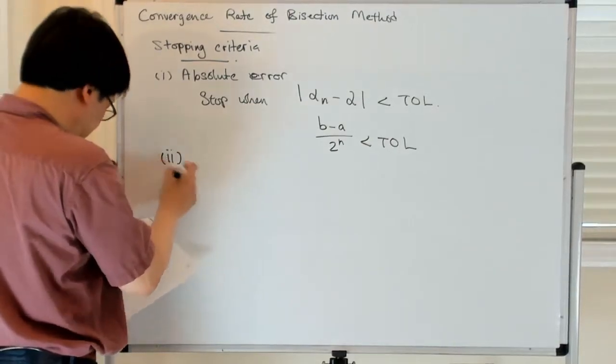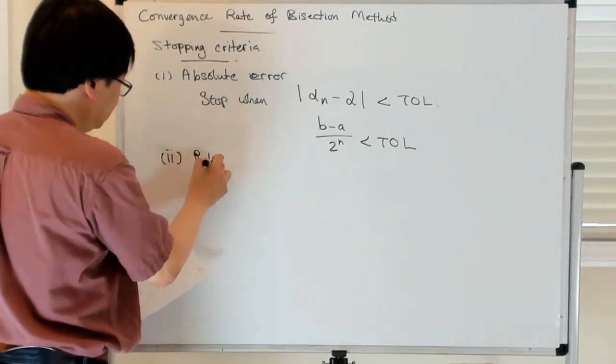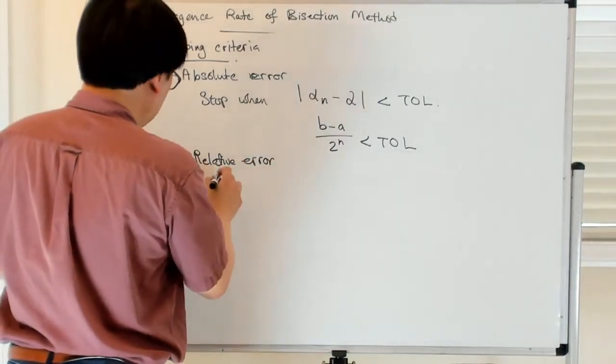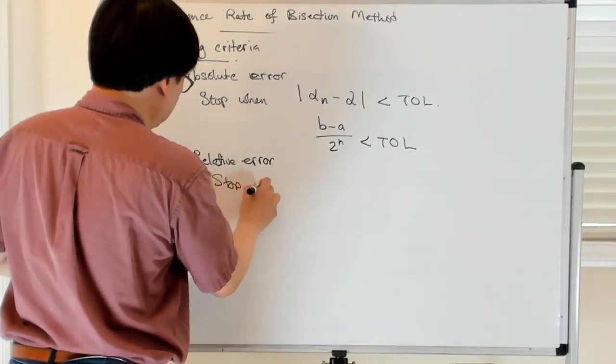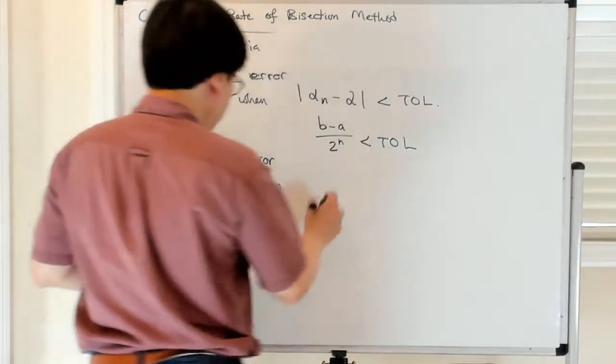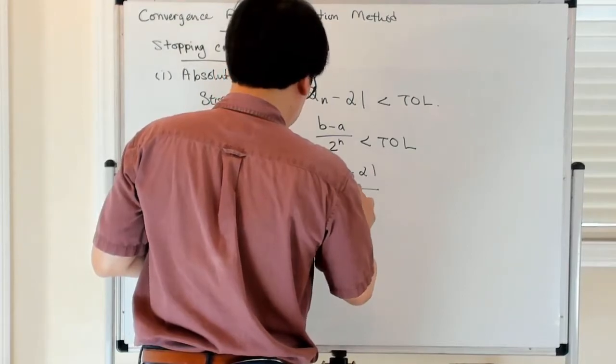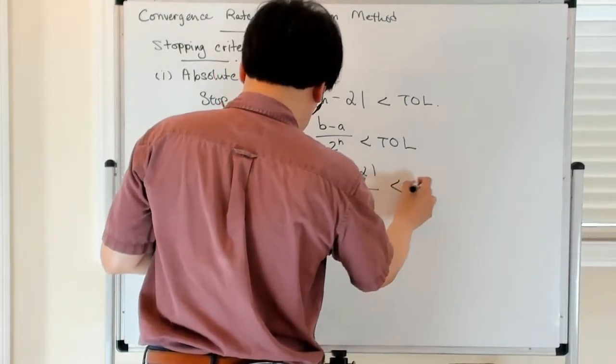Another possibility is to look at the relative error. So I could stop when, say, the absolute value of alpha n minus alpha, over the absolute value of alpha, is less than the tolerance.